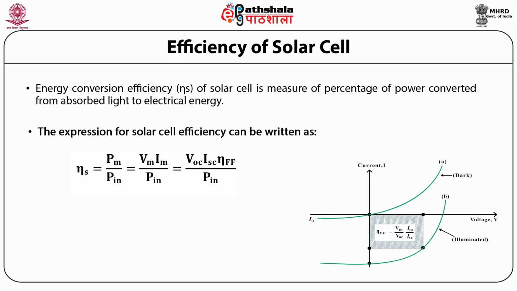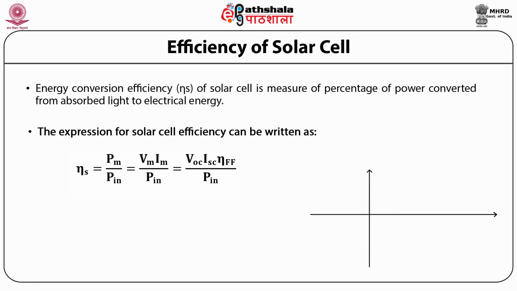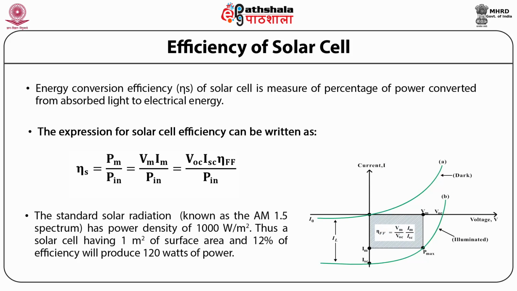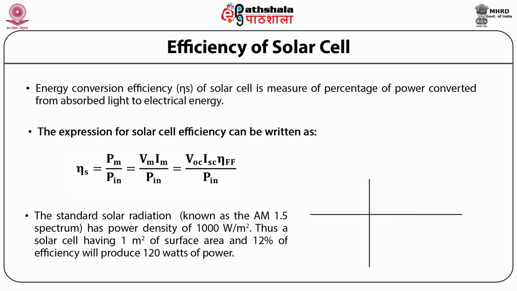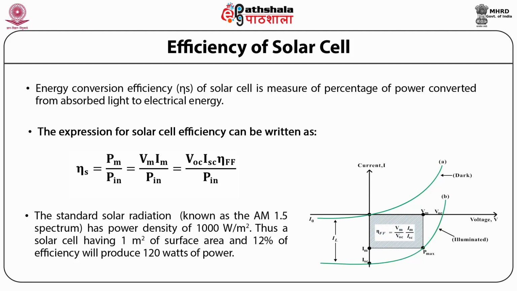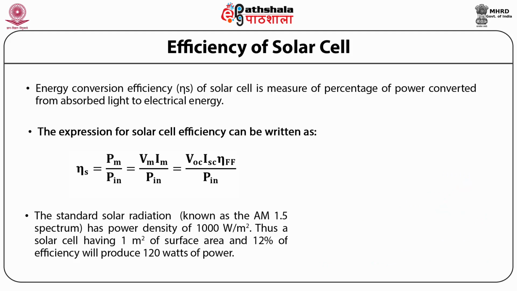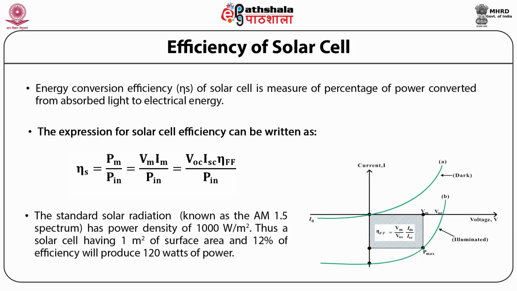The standard solar radiation, which is known as the AM 1.5 spectrum, has a power density of 1000 watt per meter square. Thus, a solar cell having 1 meter square of surface area and 12% efficiency will produce 120 watts of power.